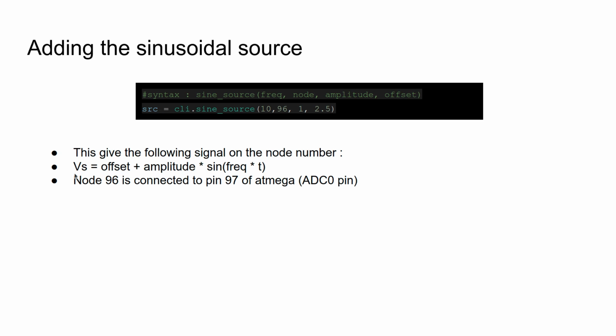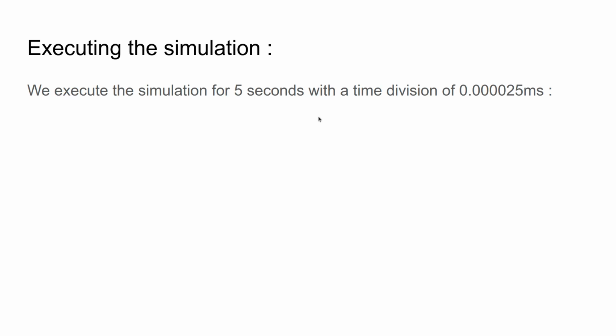So mathematically this will be the signal that is applied in volts to that particular node, and that node is connected to pin 97, which is the ADC 0 pin of the Atmega. And we'll simulate the system for 5 seconds, with these time divisions.